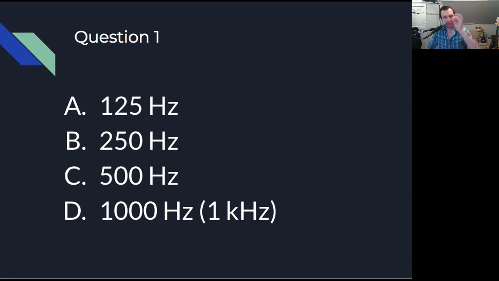This can be confused with harmonics, which are, hold on, I got the term, integer multiples of a frequency. We're not going to go into the details there, but essentially, if you took 125, multiply it by 2, you get 250.